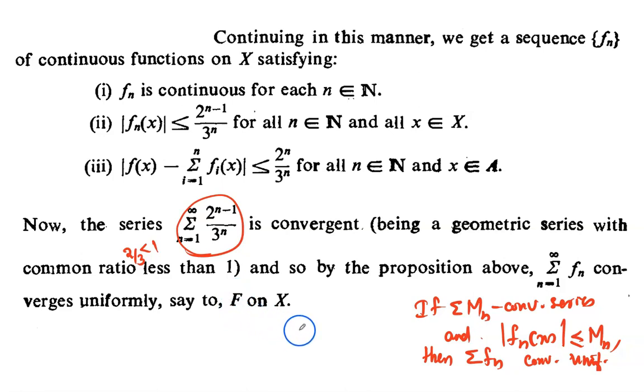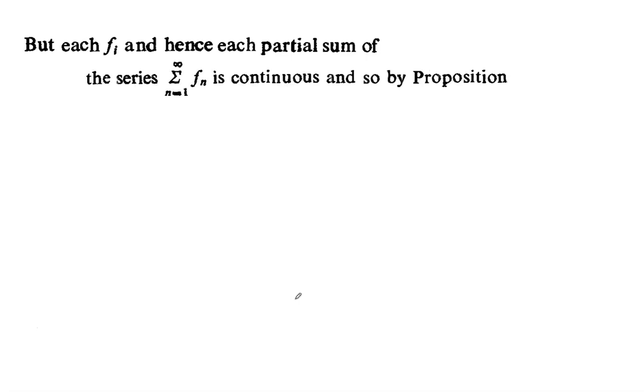capital F on X. But we know that each fi and hence each partial sum of this series, Sn equal to sigma i varying from 1 to n fi, is continuous. So, by a previous proposition, this limit capital F is also continuous.